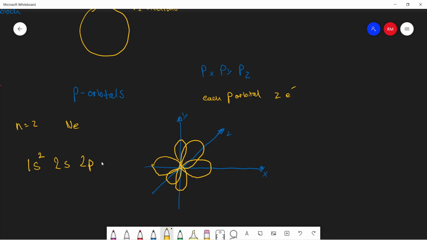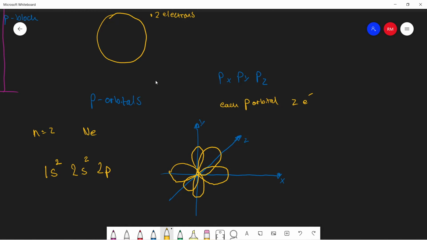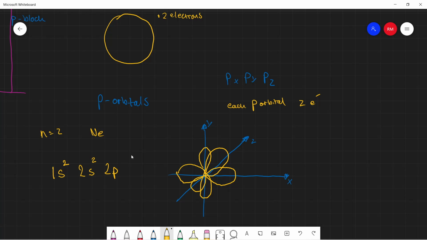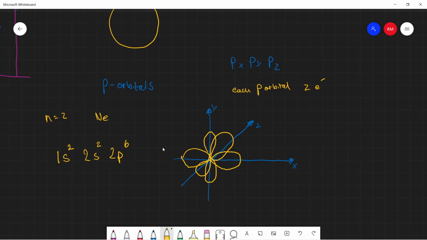So we're going to have 2s2, because there's a maximum of 2 electrons in the s orbital, since it is just 1 orbital, whereas p has 3 orbitals, so there will be a total of 6 electrons, like so. This is looking at electron configuration, and in my opinion, this is the easiest way to explain it.